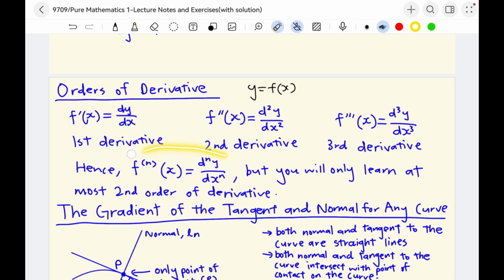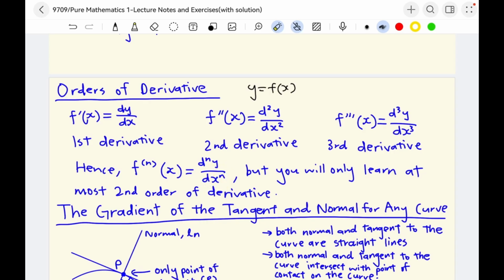So this is the recurrence notation. Hence f superscript (n), which refers to how many times you differentiated, is equal to d^n y divided by dx^n. It means how many times you differentiate y with respect to x.